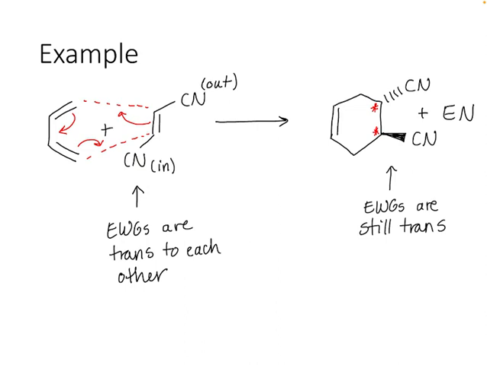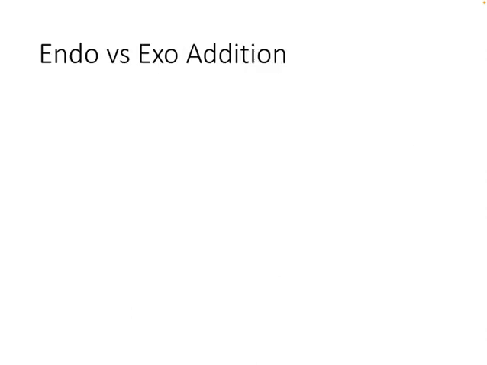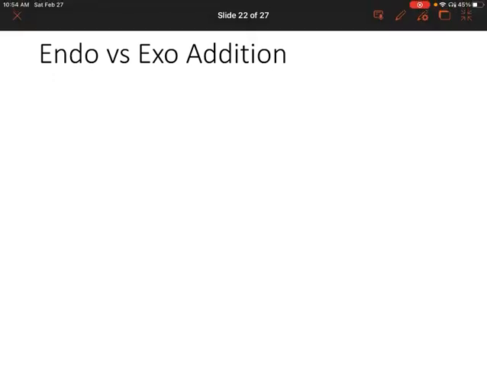So that's going to lead me into endo versus exo addition. Okay, so let's look at an example. And this one is from your textbook, so if you want to go back and look at those figures, you can.